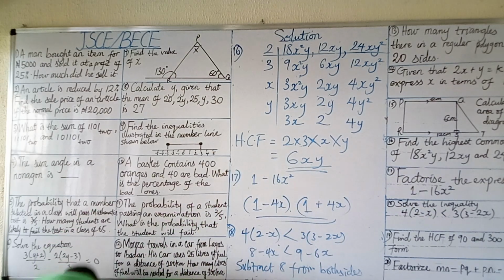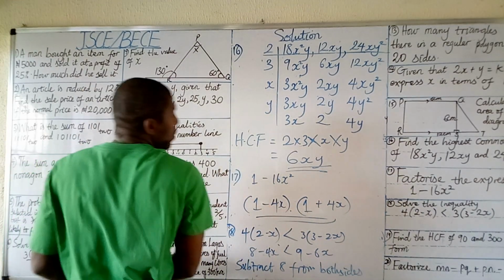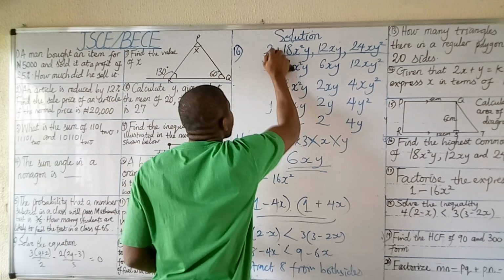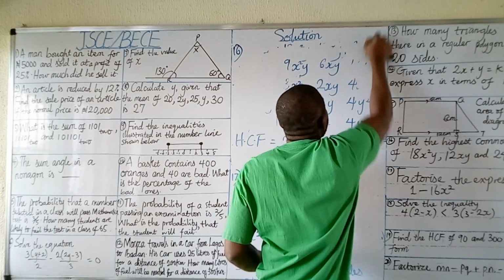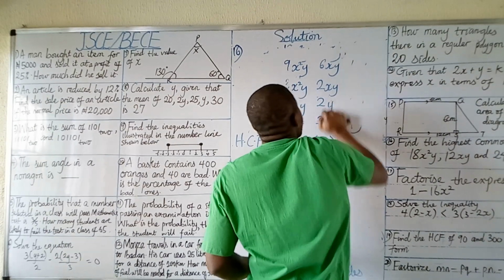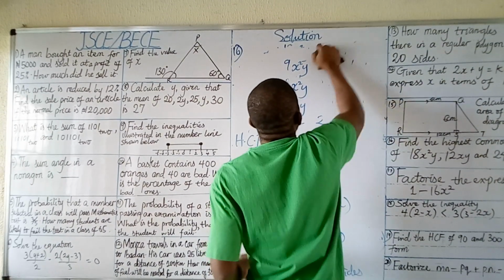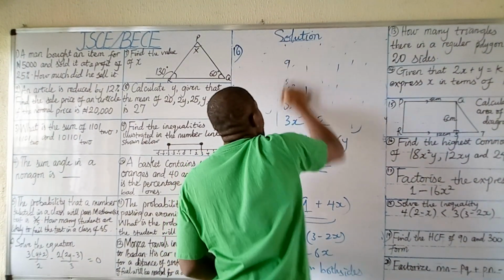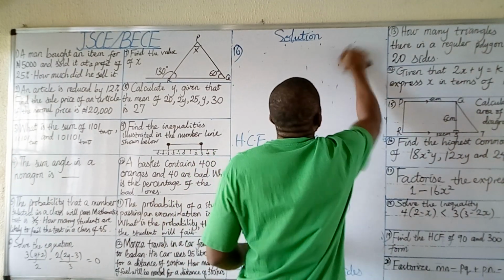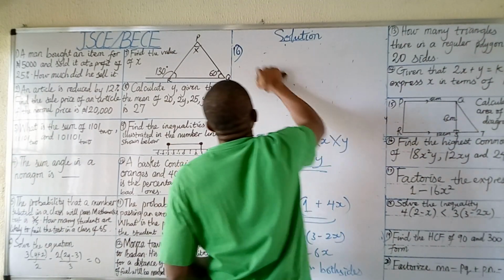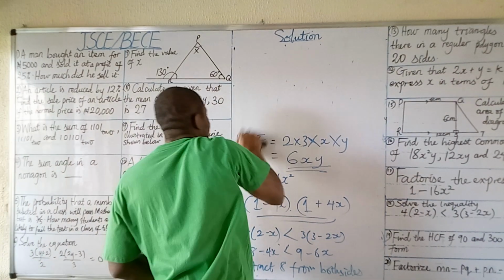I will subtract 8 from both sides. So let's erase this part of the board to have space.